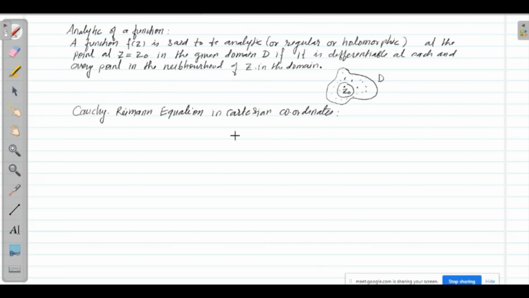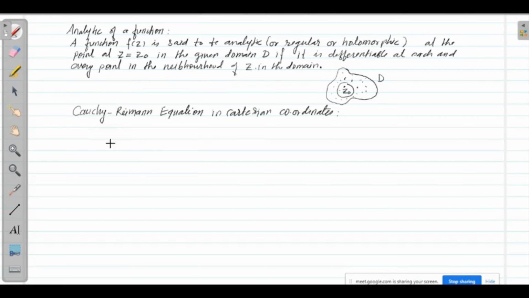Okay, and what is the Cauchy-Riemann equation in Cartesian coordinates? The Cauchy-Riemann equation is also known as the CR equation. Okay, so the necessary and sufficient condition for a function to be analytic is known as what?